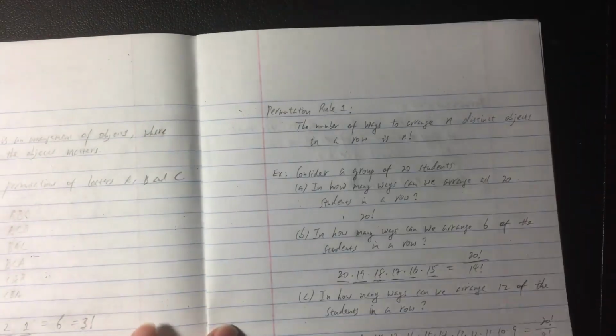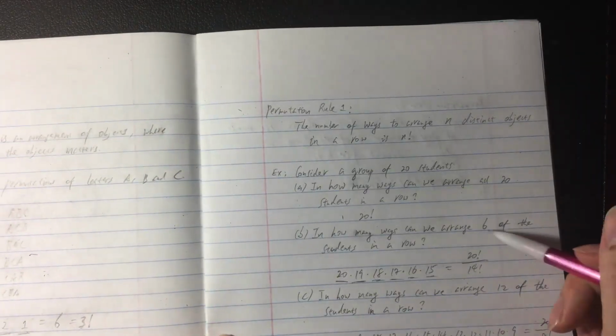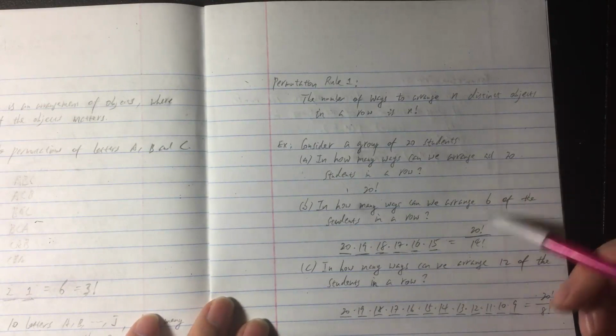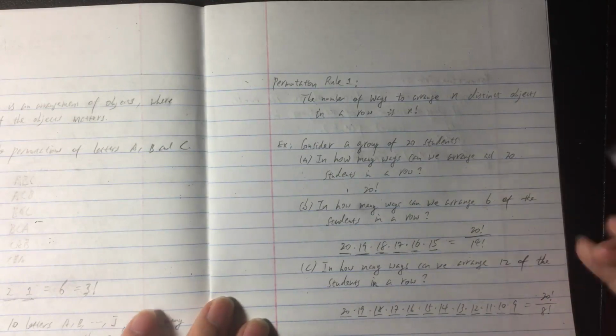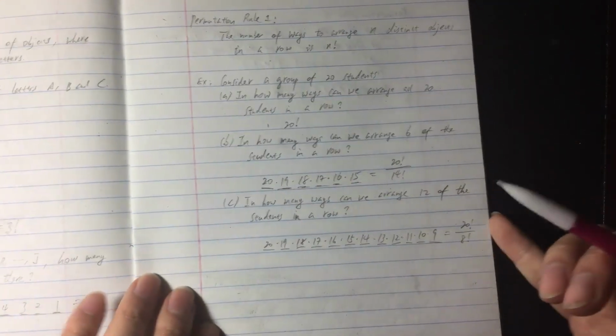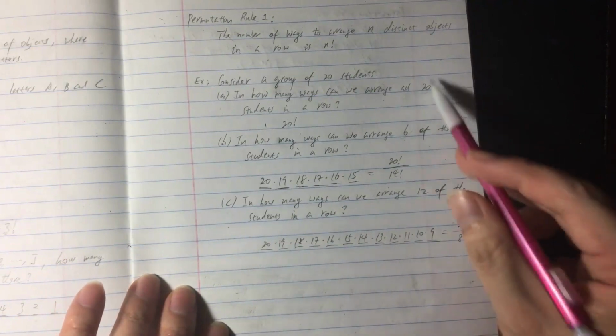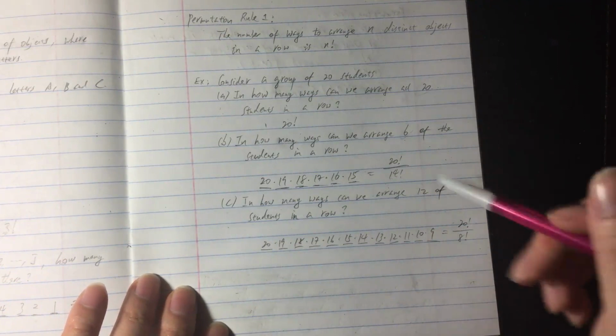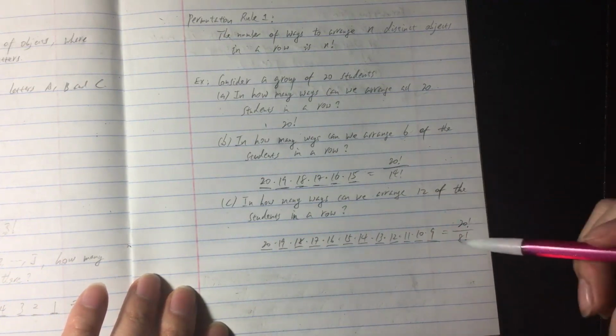If we look at the previous example, the number of ways to arrange 6 students out of 20 is 20 factorial over 20 minus 6, that's 14 factorial. The number of ways to arrange 12 students out of 20 is 20 factorial over 20 minus 12, which is 8 factorial. That's permutation rule number 2.